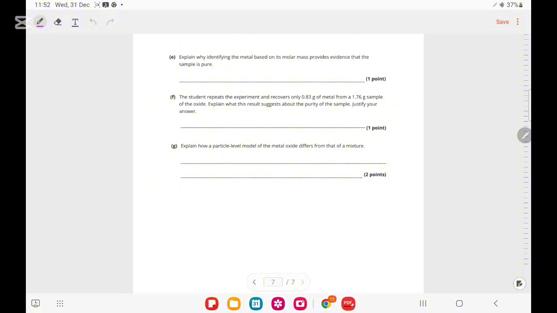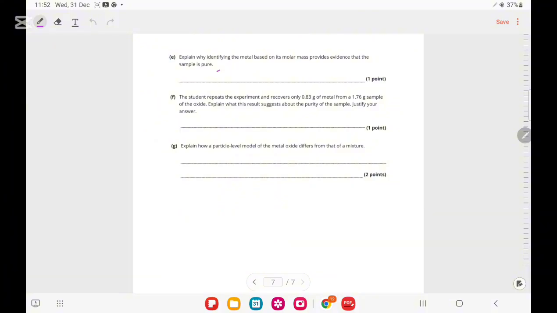Explain why identifying the metal based on its molar mass provides evidence that the sample is pure. The molar mass provides evidence that the sample is pure because if we are identifying the atomic mass of the metal, which matches the expected molar mass, this suggests that the compound only contains one metal.